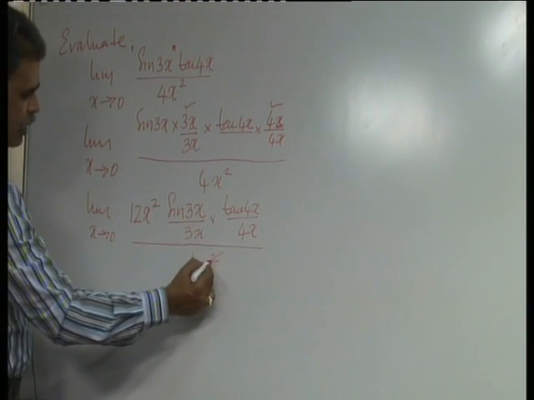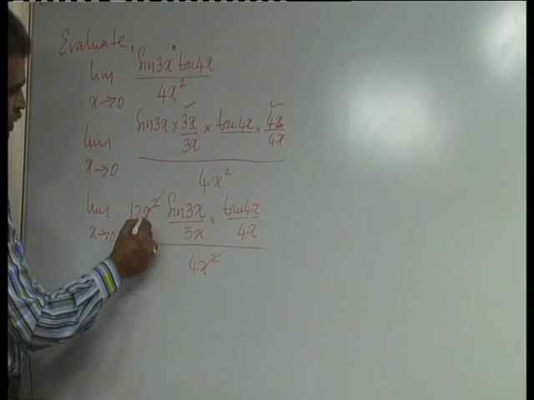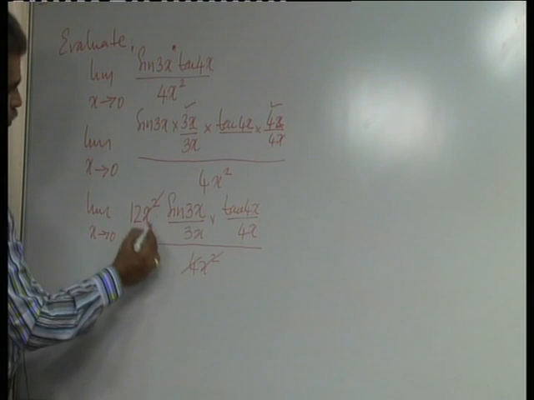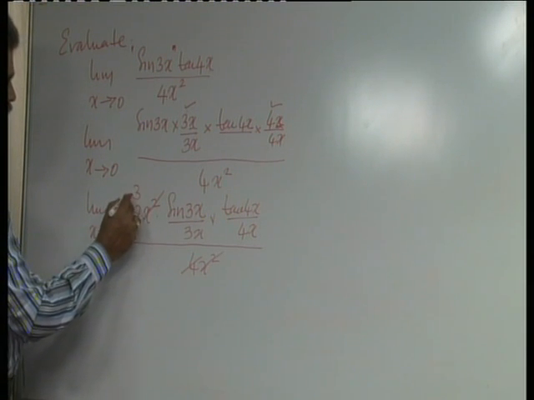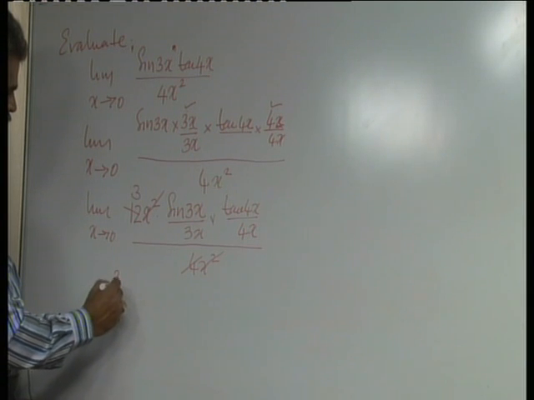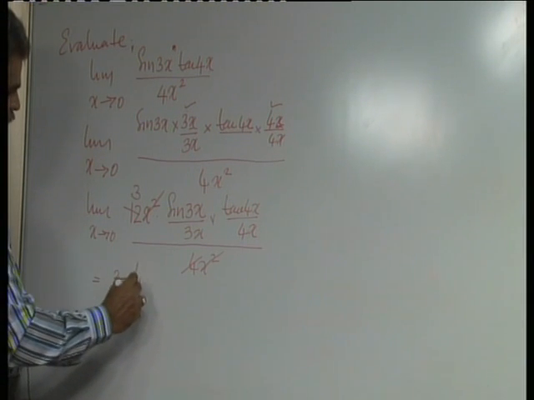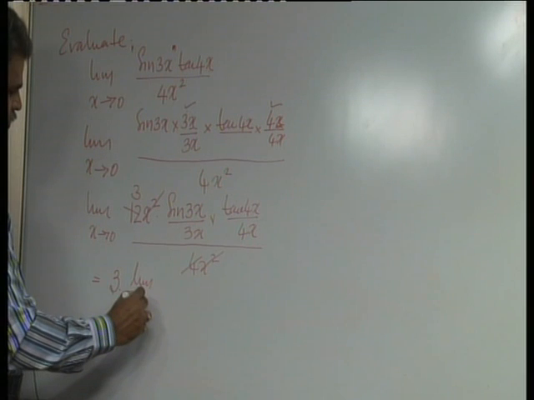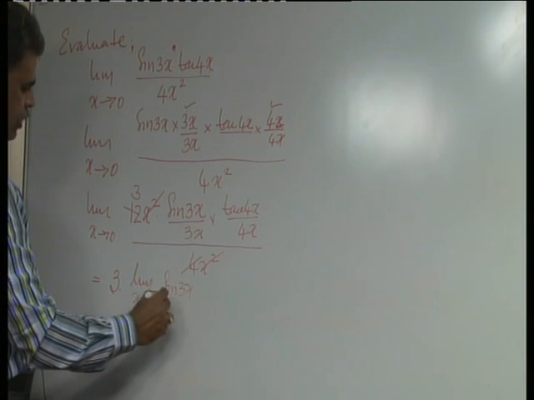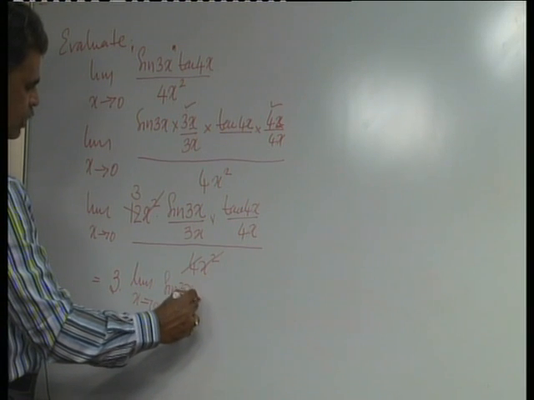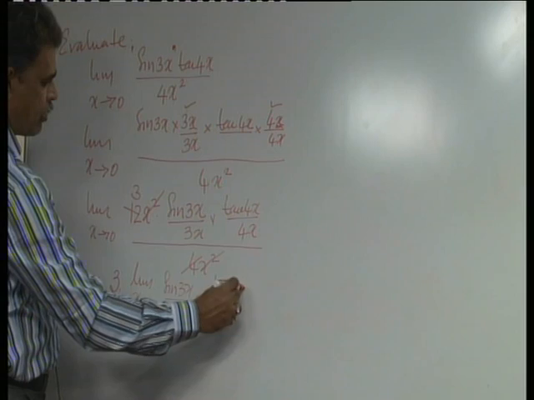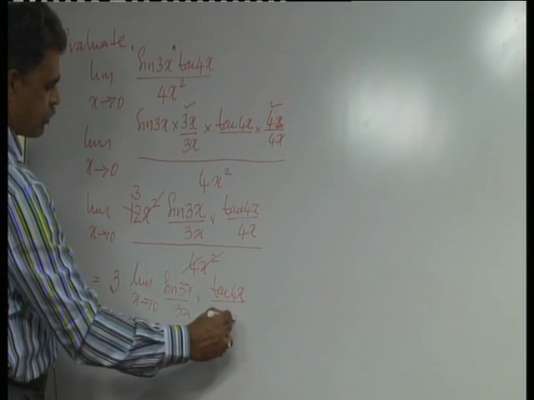This x square and this x square get cancelled. 4 1s are 4, 3s are 12. Finally, we have 3 into limit of x tends to 0 sin 3x divided by 3x into tan 4x divided by 4x.